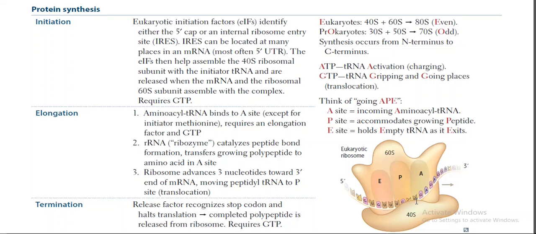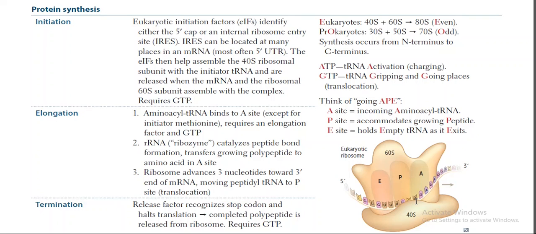Simultaneously, the initiation factor 2 joining with the GTP combines with the initiation tRNA, which brings the methionine against the initiation codon AUG, and forms the ternary complex. Now the ternary complex binds to the 40S smaller subunit in eukaryotes or 30S smaller subunit in prokaryotes to form the pre-initiation complex.